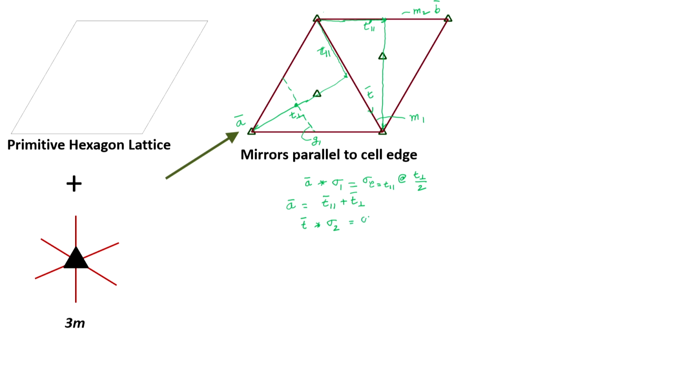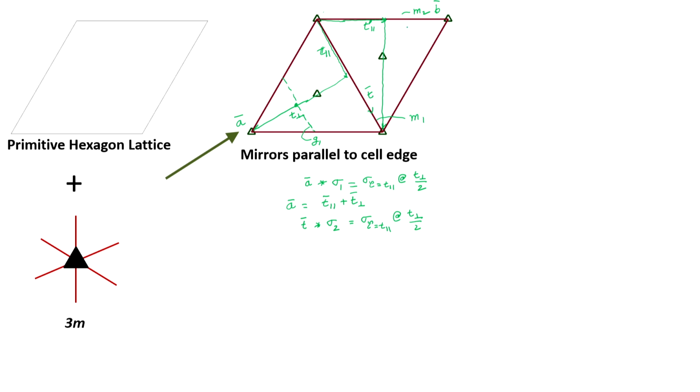The result would be another glide plane sigma tau. Again, this tau would be equal to the magnitude of the parallel component and located at t perpendicular upon 2. So, let us see where this glide would come.